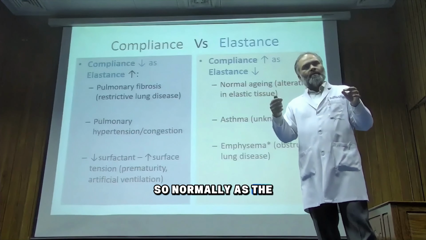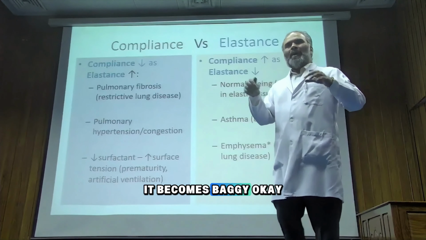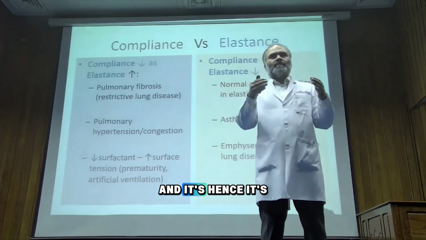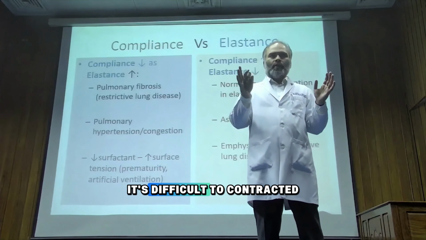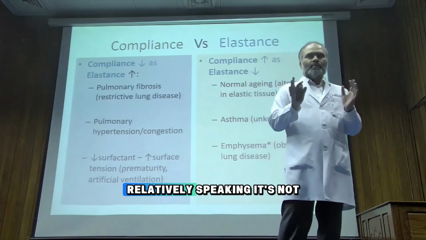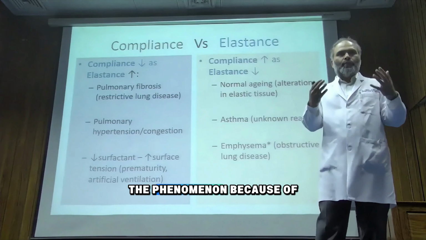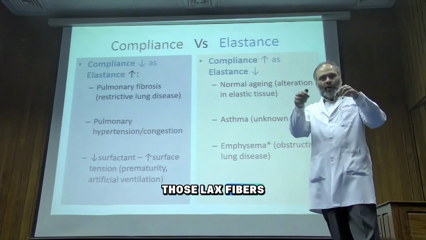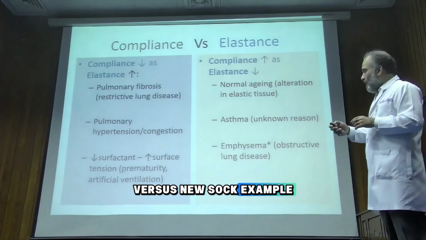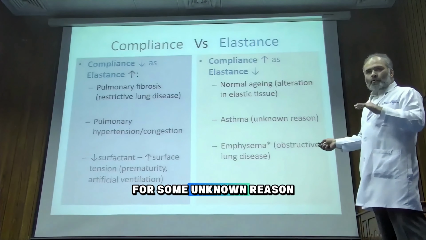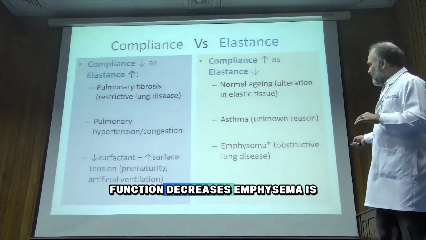So as the age of the lung progresses, it becomes baggy, okay, and it's easy to distend it. However, it's difficult to contract it. Relatively speaking, it's not COPD level, but still, this is the phenomenon because of those lax fibers. Remember the old sock versus new sock example. Asthma, for some unknown reason, compliance increases and elastance decreases.